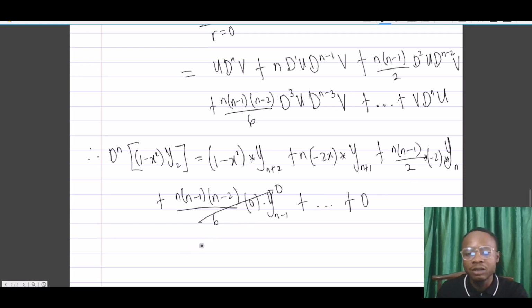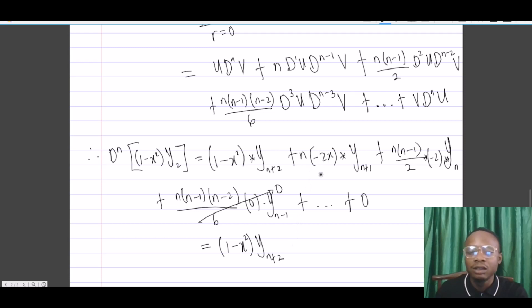So basically, at the end of the day, it's going to give us 1 minus x squared multiplying y sub n plus 2.